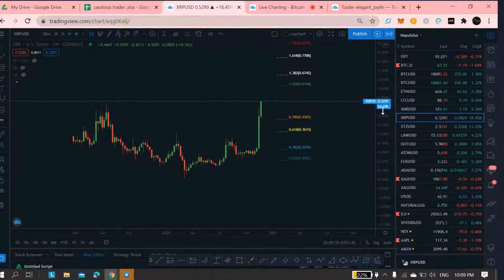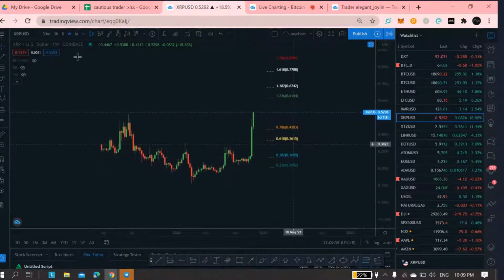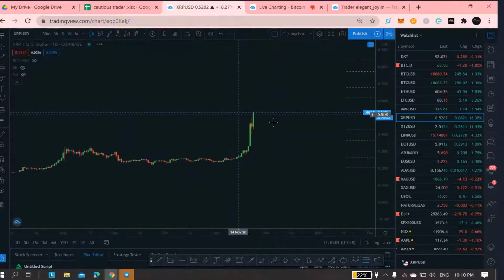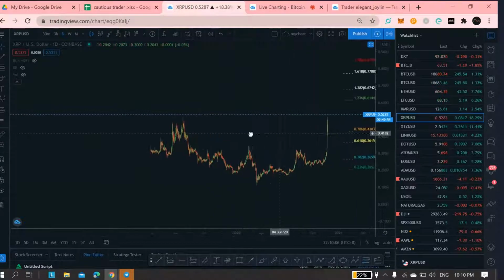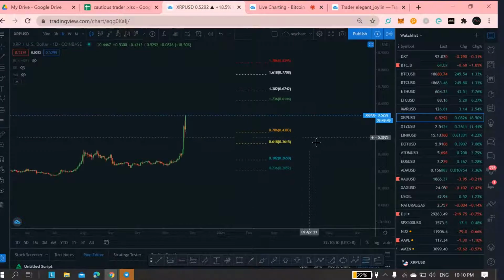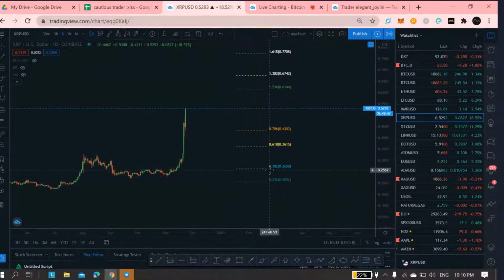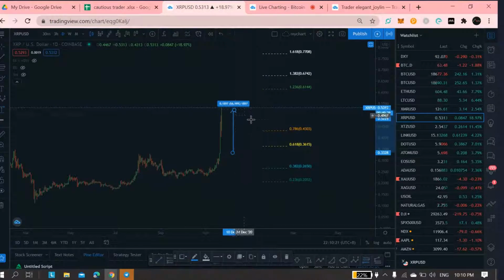Wow, great for XRP. Actually, I also failed to look at this one. So I did not ride the upside. So possibly I will enter that 56% times 50 or times 100.